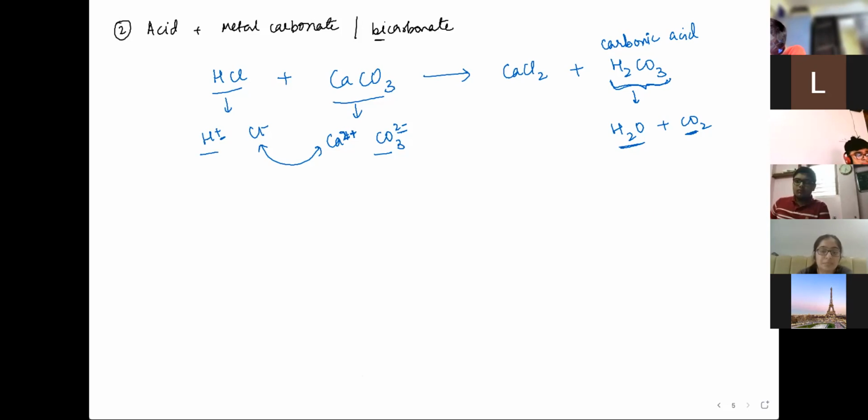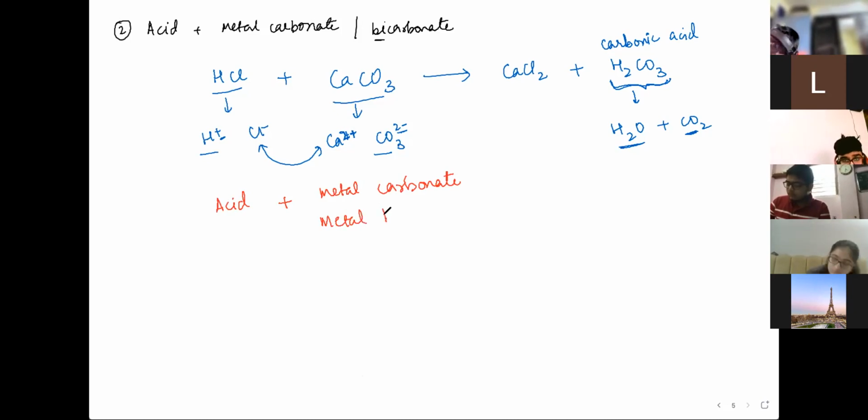Now you have the generalized equation. So note this part down: acid plus metal carbonate, or a metal bicarbonate. What are the products?